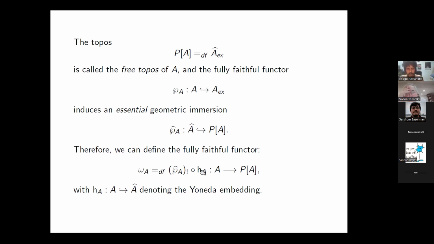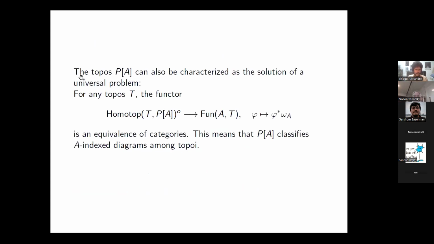What you get is basically a universal property, which justifies this terminology of calling P of A the free topos of A. That's precisely what the next slide is saying, because this topos is a solution of the following universal problem.